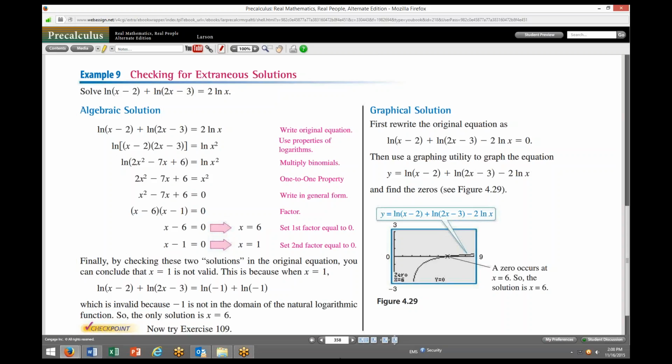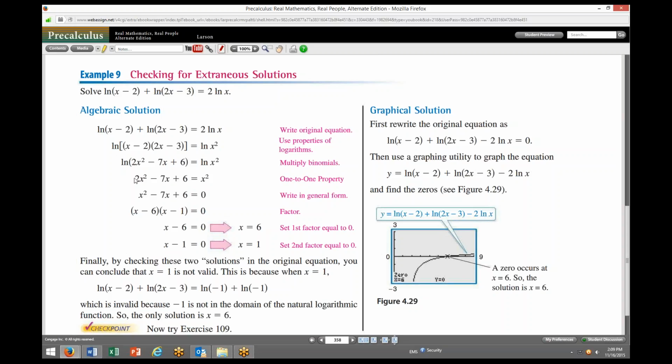And so actually what we have here is a case where we can use that product property of logarithms backwards. So we can say, since we have the natural log of something plus the natural log of something, that's going to equal just one natural log of the x minus 2 times the 2x minus 3.